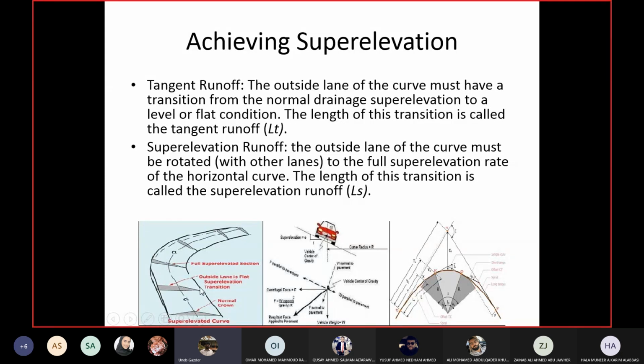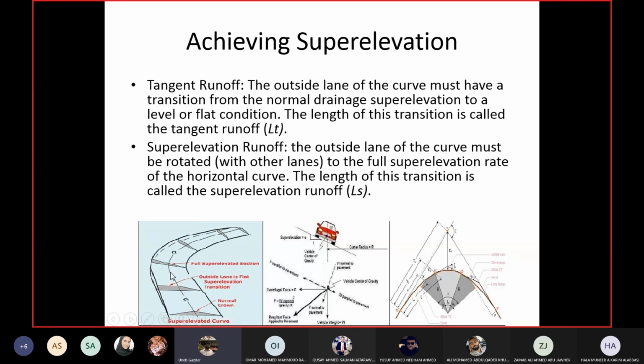Let's say the inside lane, the normal slope of the inside lane was 3%, and you require a super elevation of 4%. So this 3% must also be changed to 4%, right? So in super elevation runoff, this lane will also be raised to 4% slope, which is the required super elevation.